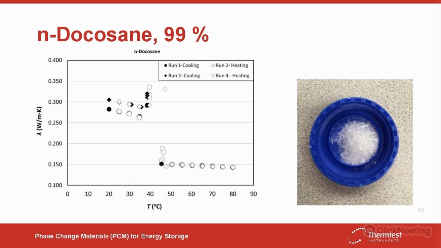First run was cooling of the fluid, and then heating, and then cooling and heating again. You can see that there is a melting range of about 10 to 15 degrees, and it is not the same for the cooling and the heating of the fluid, which is something that we expected.